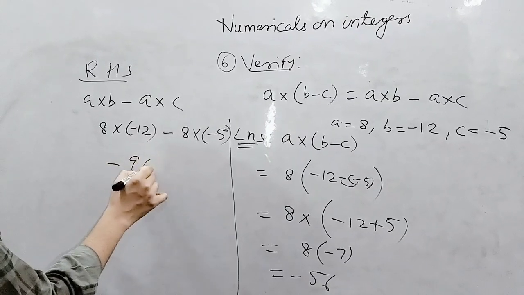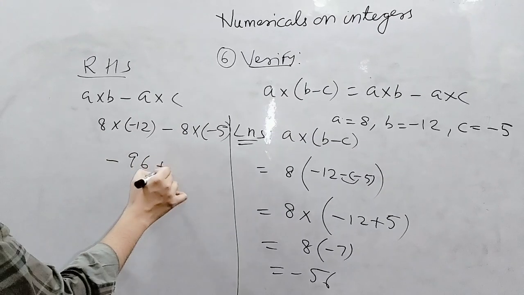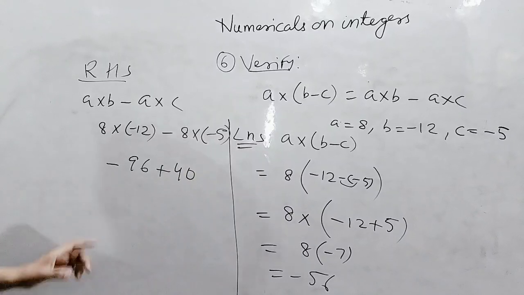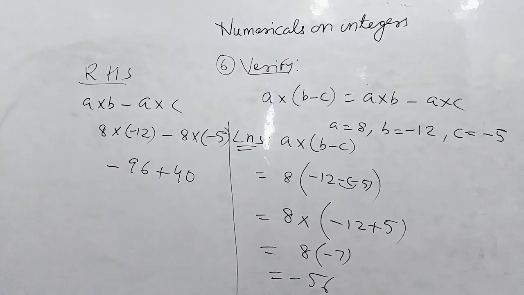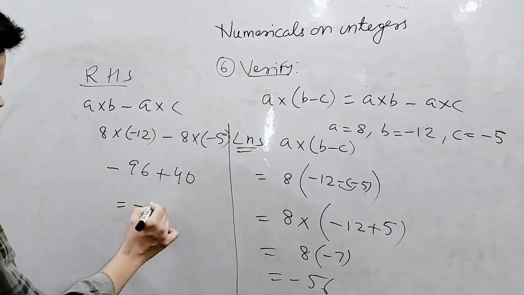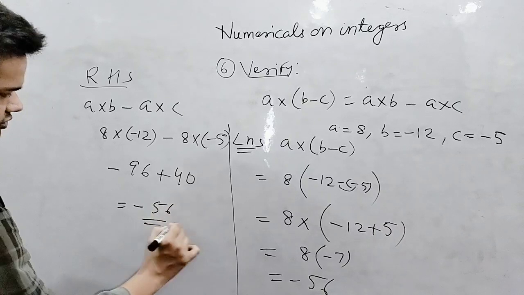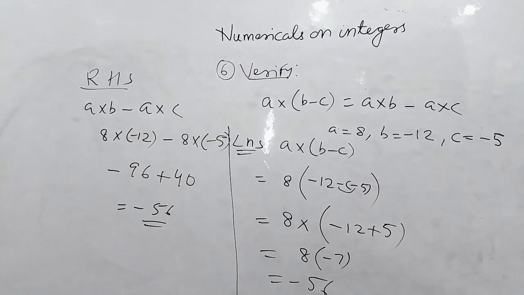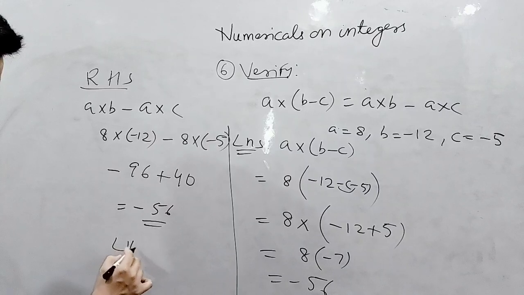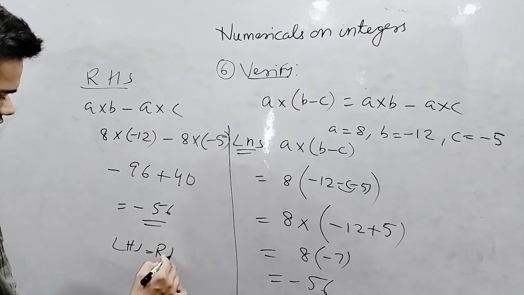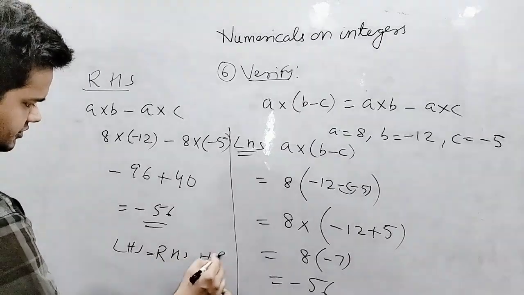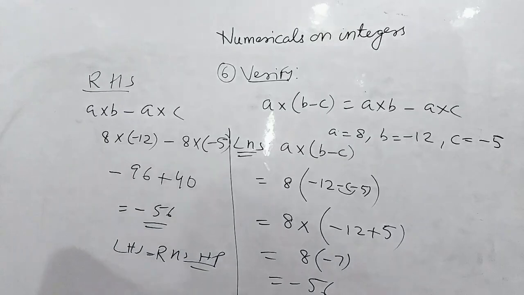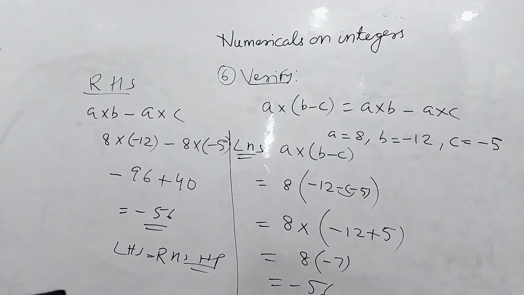So this becomes minus 96 plus 40, माइनस प्लस माइनस होगा और साइन माइनस का आ जाएगा. सो इट बिकम्स माइनस 56. सो अगेन LHS is equals to RHS, hence the value is proved. Okay, please note it down.